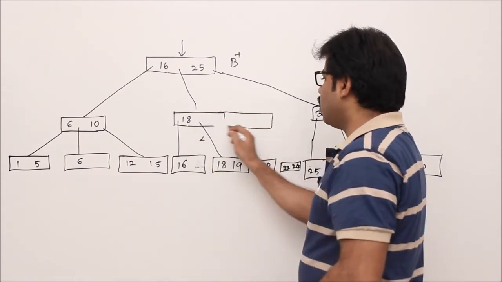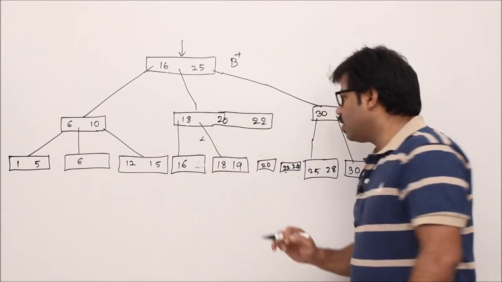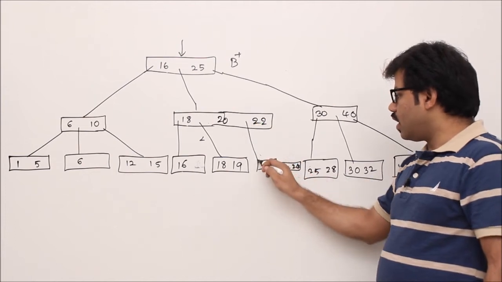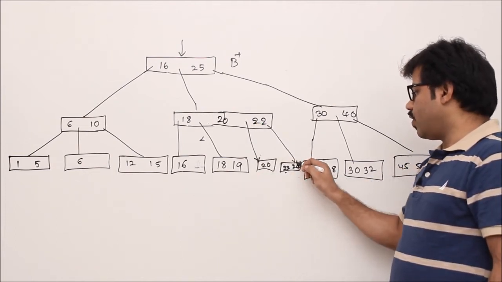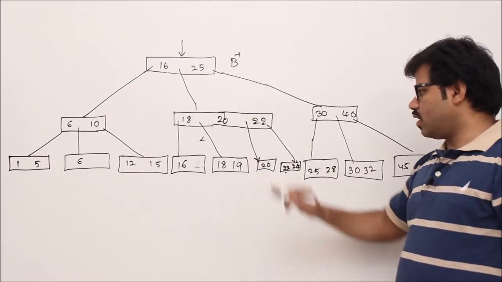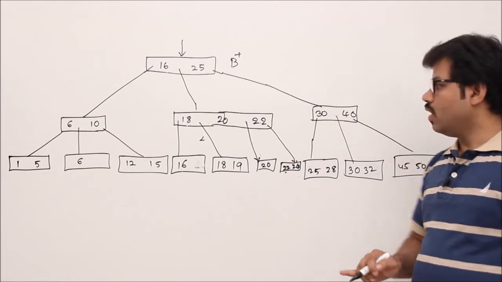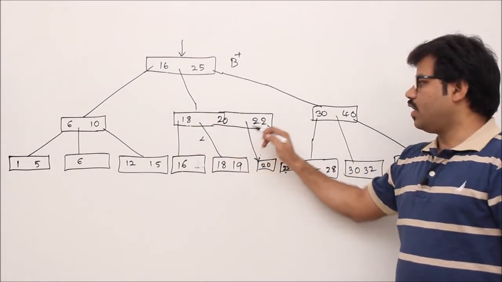The reason is we are going to have one key here, that is 22. That will give you two positions, right? So when you add one key here at the next level, you get two spaces or two pointers. So 22 left 20, 22 right 22, 24. Now you got a violation here: 18, 20, 22.